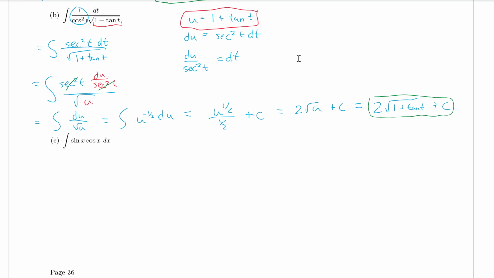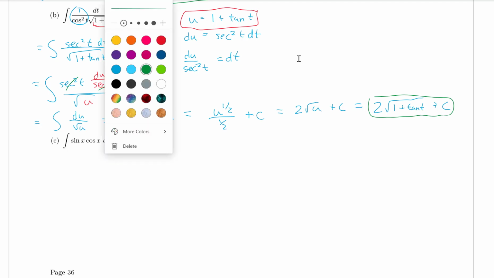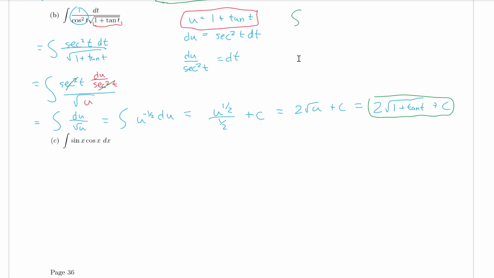Now, I want to take a quick second to show another way that you may have seen work being organized if you've ever seen u substitution before in other lecture videos or in another class. So at the point where we've already rewritten this to secant squared of t dt over the square root of 1 plus tangent of t, another way that people might do this is they might substitute directly from this du, because they see that we have a secant squared t dt in the numerator, so that numerator can just become du.